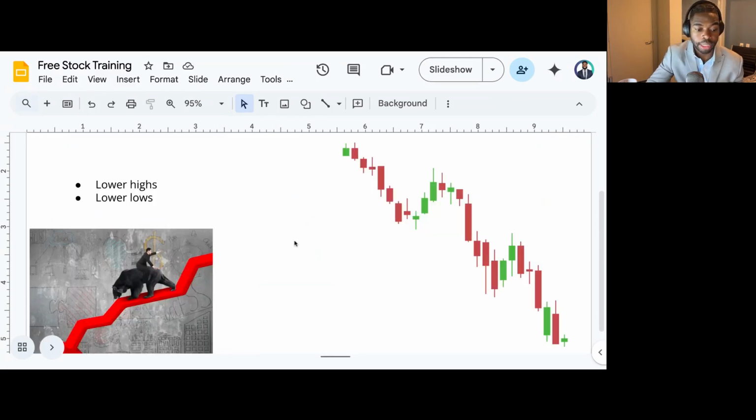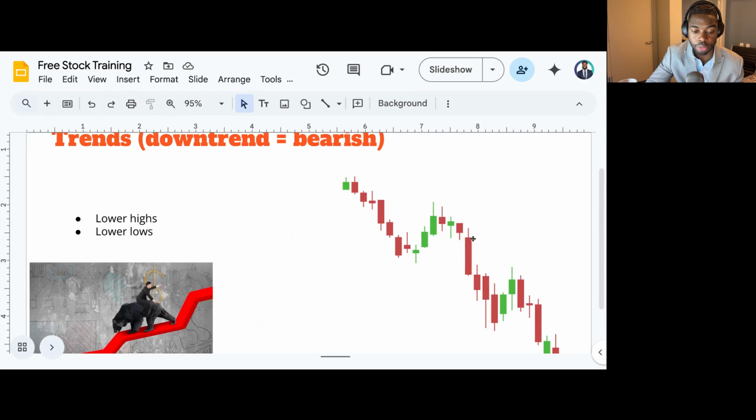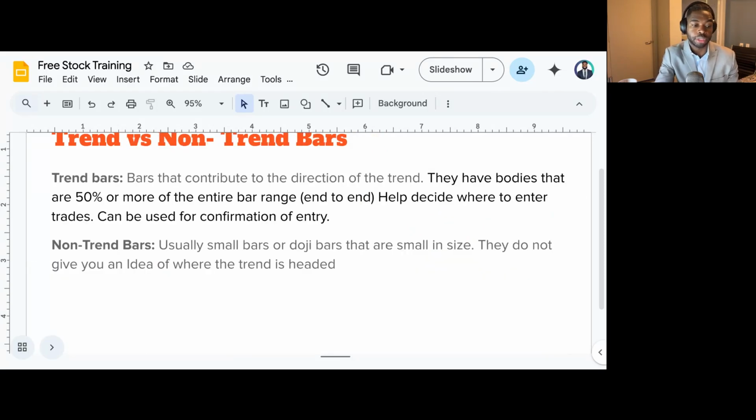And then a downtrend is when the majority of candles are red or big red candles, so from left to right, we're going down. We're getting lower highs and lower lows, but in an uptrend, we're getting higher highs and higher lows. Very important to understand.